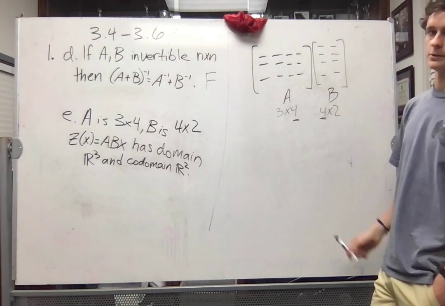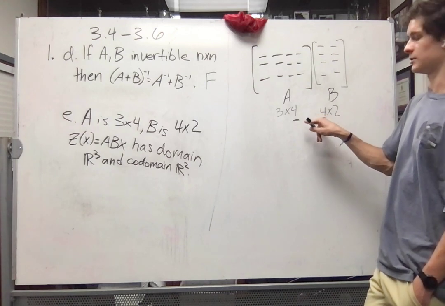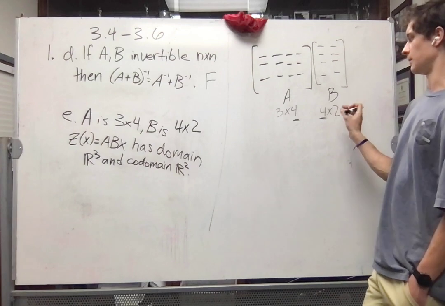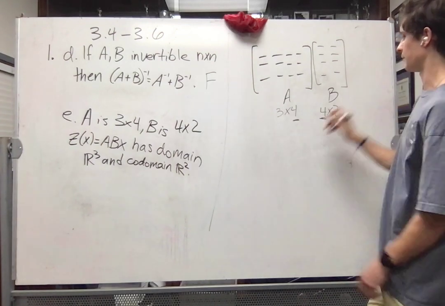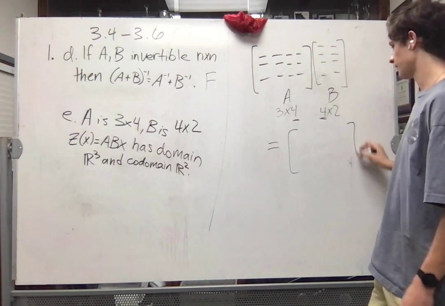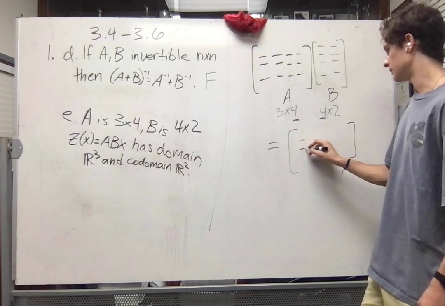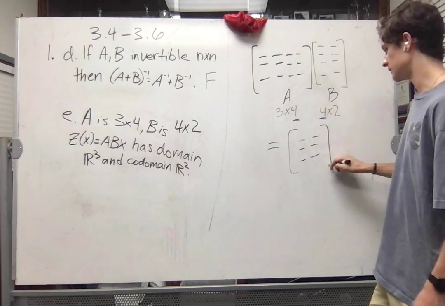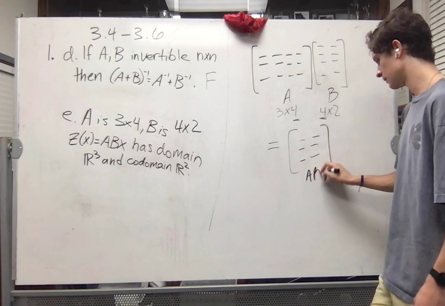And then what a lot of students learn is that these match and then cancel, and what you're left with is the outside. So the product of these two matrices is going to be 3 by 2. So this is what AB is going to look like.